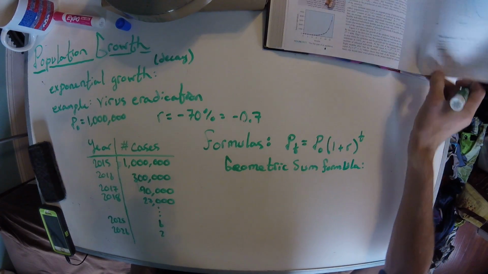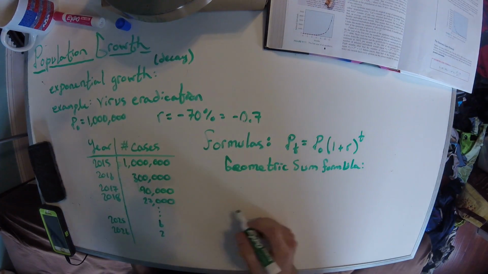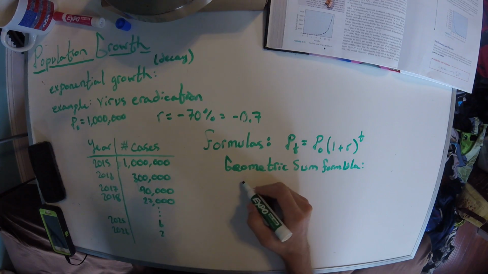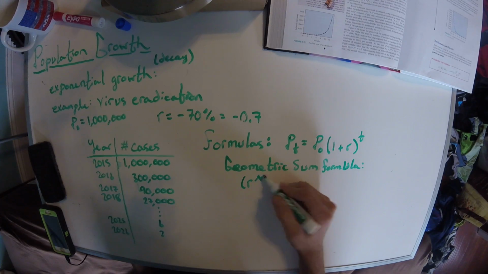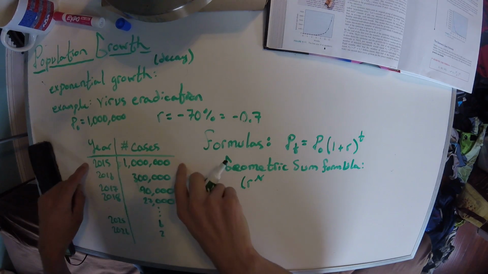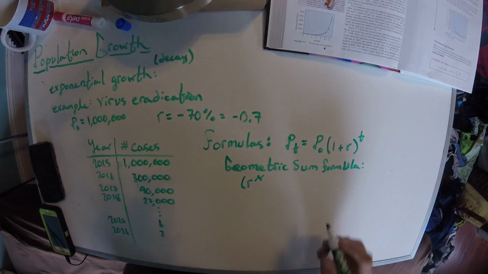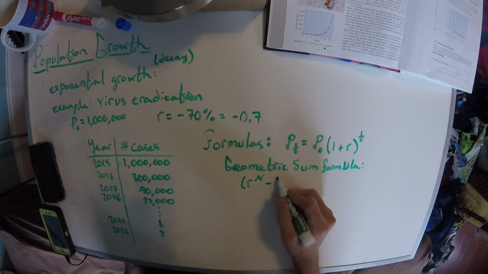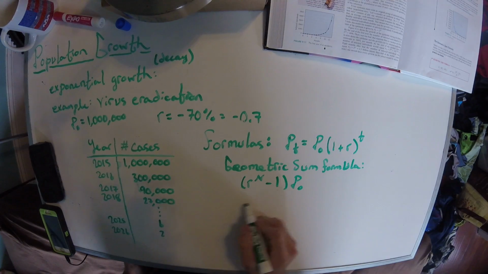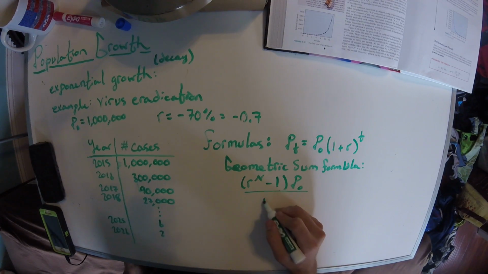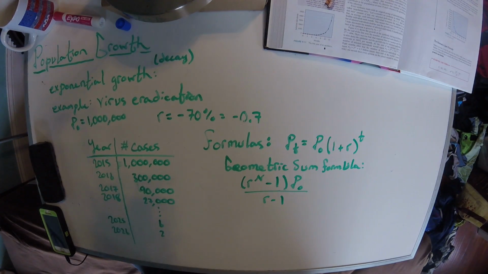This is equal to R raised to the n, being in this case the number of years, minus 1, times the original population divided by R minus 1.